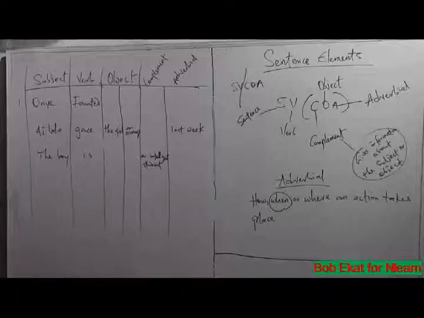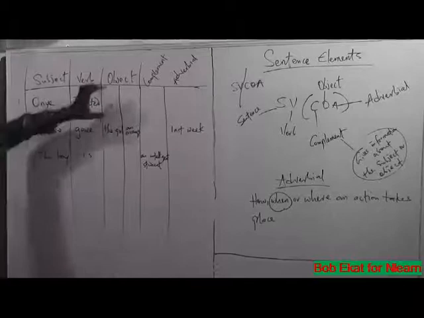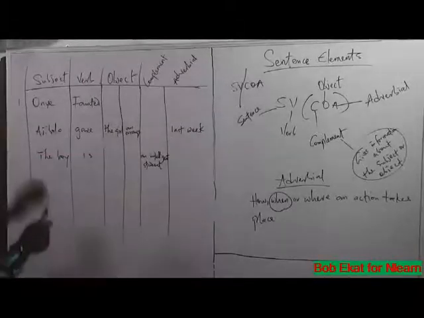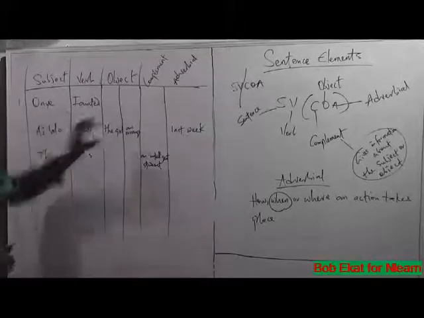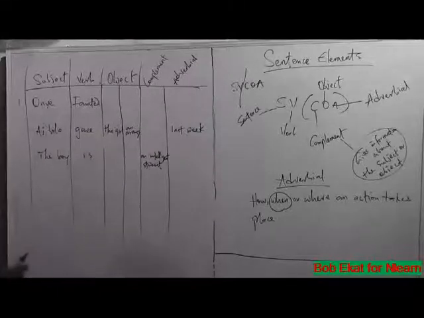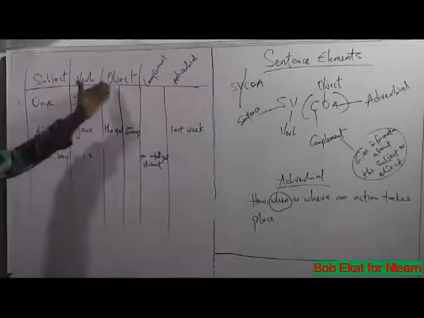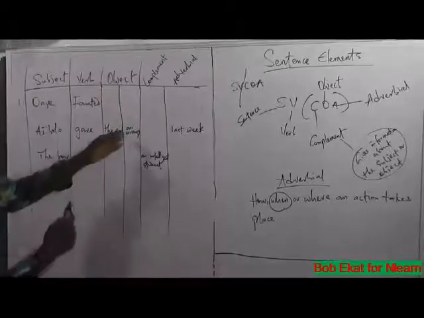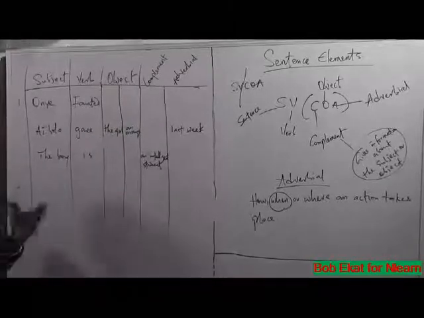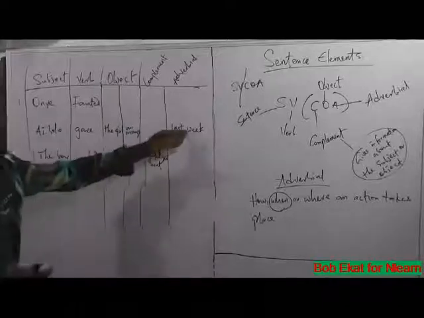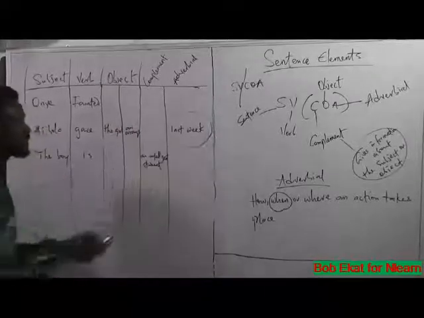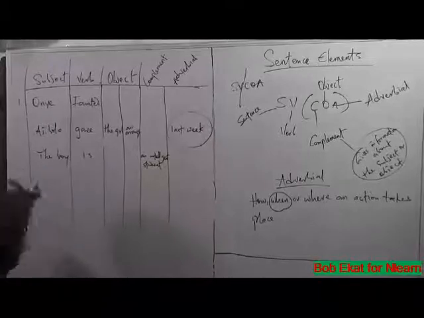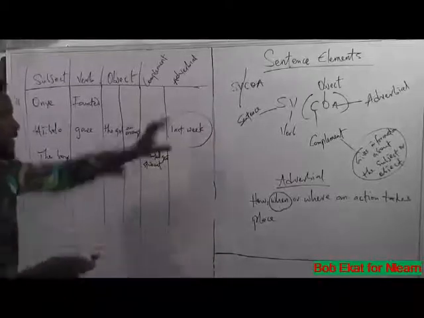On the other hand, you may have a sentence that has a subject, a verb, object, and then adverbial, like Ajibola gave the girl an orange last week. Ajibola is the subject, gave is the verb, the girl is the object, direct, or in some cases primary object, and orange is the indirect or secondary object. Last week is the adverbial, meaning when, what time did he give the girl an orange.